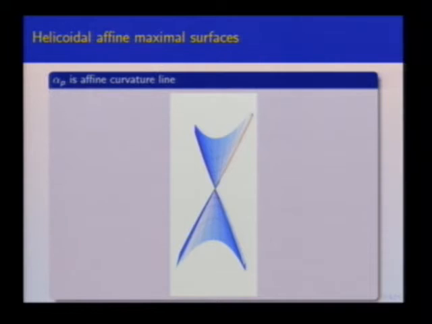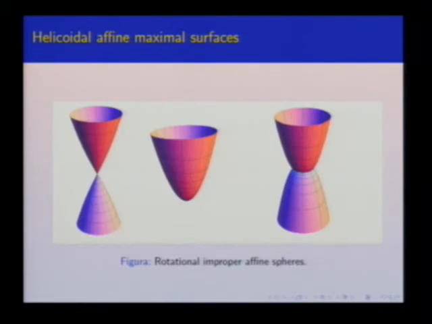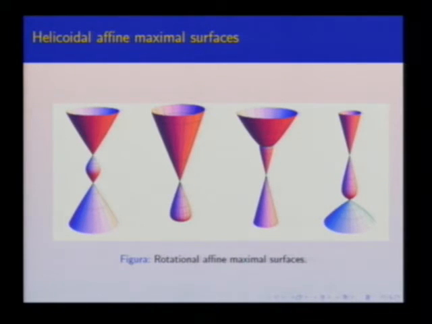In that situation, we obtain an example where the curve alpha is an affine curvature line. These are the rotational spheres. All of them have parallel affine normal lines. Here are rotational affine maximal surfaces, which are not affine spheres.